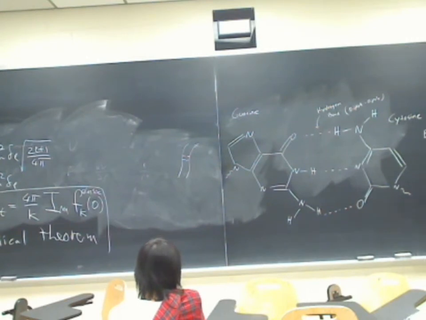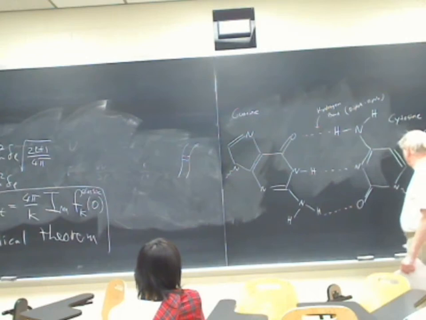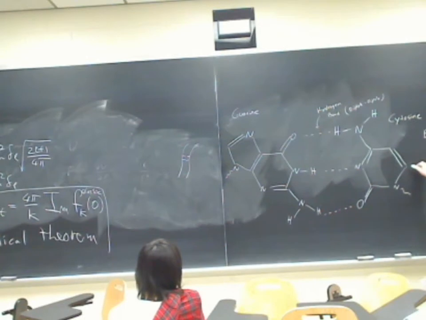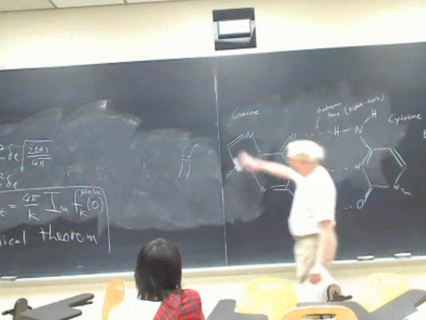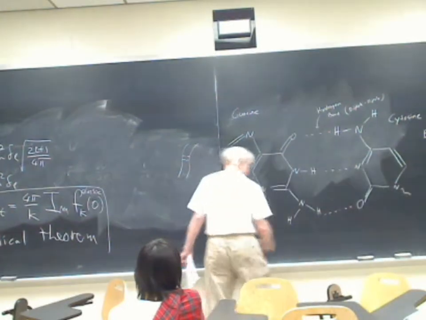But by the way, before I erase this, it's worth looking at this. This, if I trust the blackboard, is cytosine, and it's not the whole of cytosine because the cytosine is linked to a sugar phosphate backbone, and the guanine is also linked to a sugar phosphate backbone.